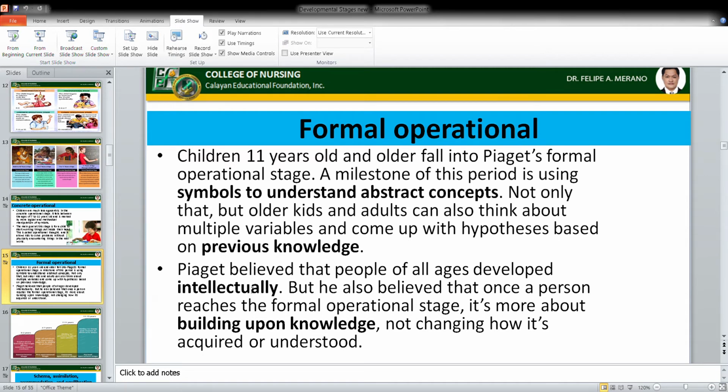Then Piaget believed that people of all ages develop intellectually. But he also believed that once a person reaches the formal operational stage, it's more about building upon knowledge, not changing how it is acquired or understood.